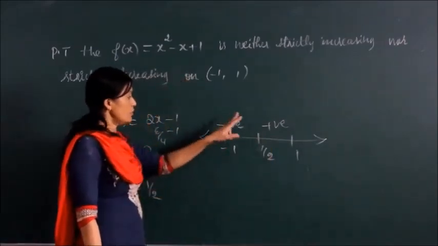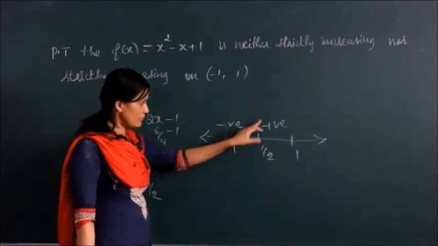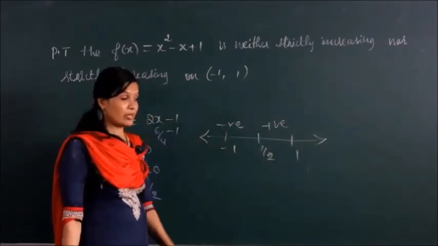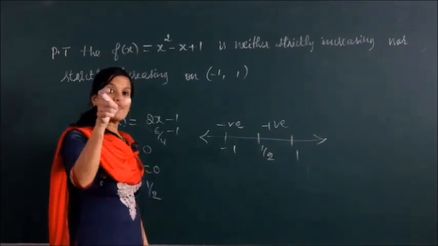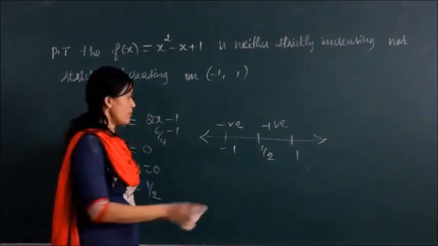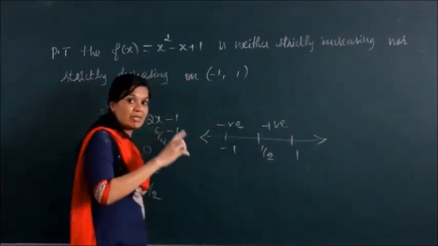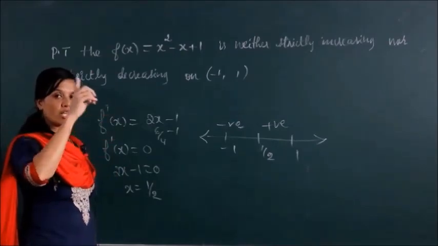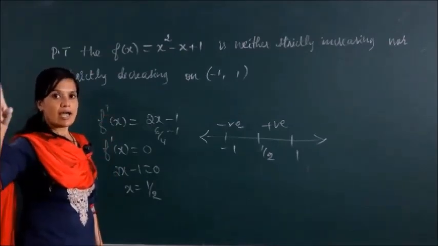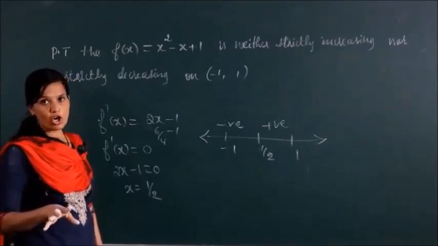So from minus 1 to half it is decreasing, and from half to 1 it is increasing. Whenever a function periodically increases and decreases, such a function is called neither increasing nor decreasing.